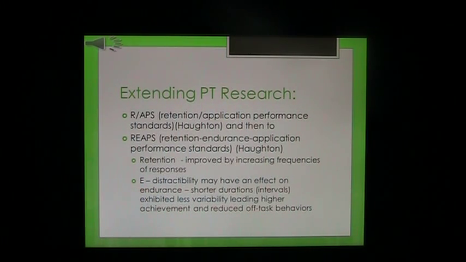Endurance truly affects fluency. So if they can't focus on what they're doing, then mistakes are made. So that affects fluency. So you might go down to shorter durations or intervals to show less variability. Therefore, they're scoring a little more constant when they're improving, and there's less time for off-task behaviors.